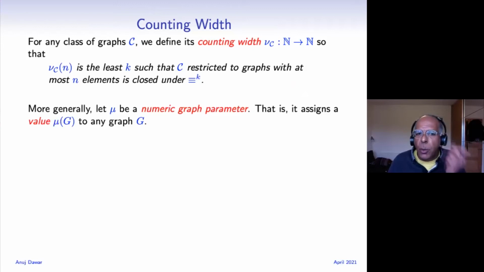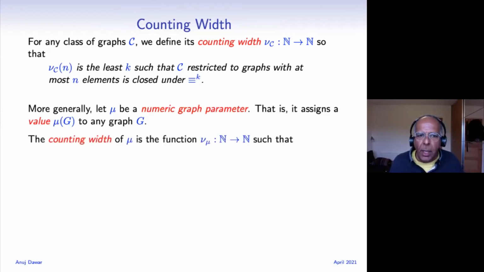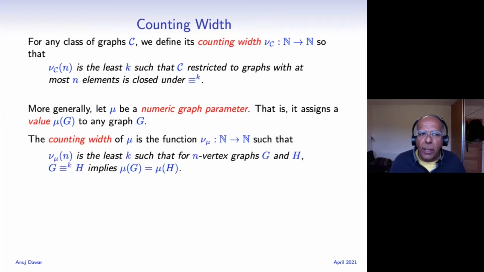But now consider a numeric graph parameter. That means a function which assigns a value to any graph, a number in particular. And then we define the counting width of this function to be the function which for every n gives you the smallest k such that, for n-vertex graphs, if they're k-equivalent, the function is invariant on the equivalence classes of k-equivalence on n-vertex graphs.